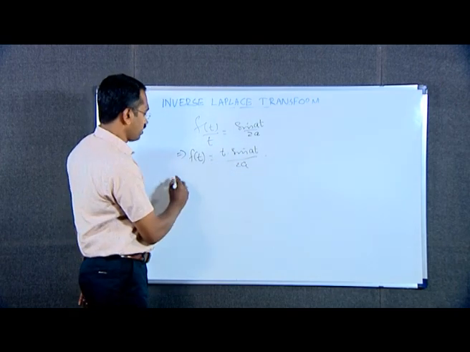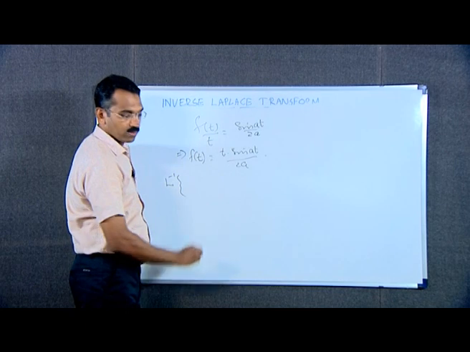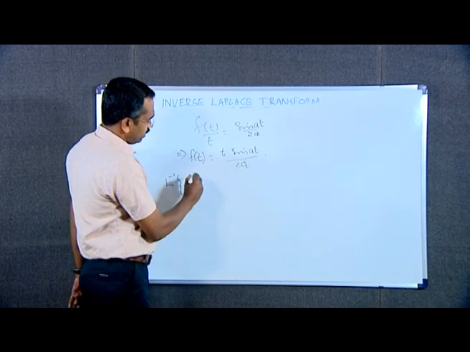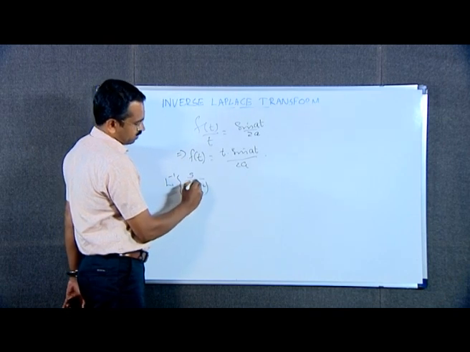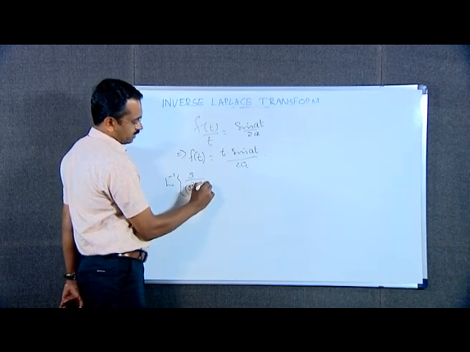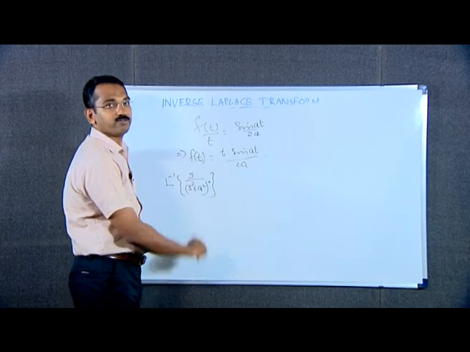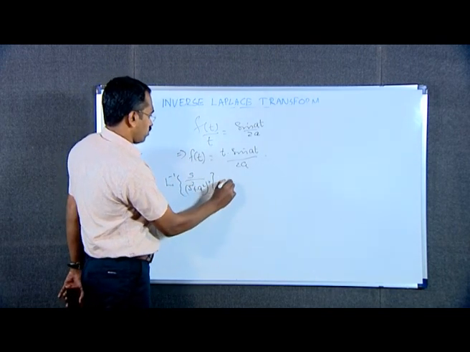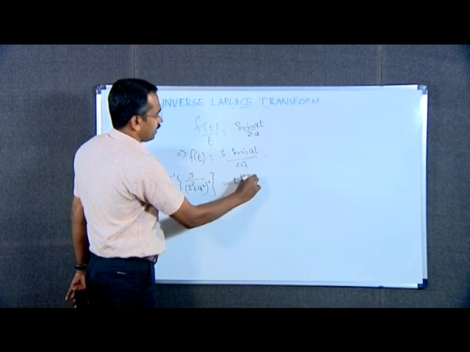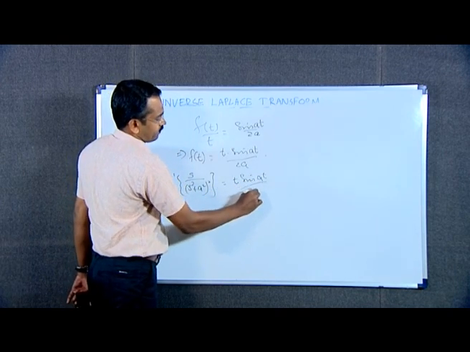That is f of t means L inverse of s by s square plus a square. We denoted L inverse of s by s square plus a square by f of t, which is equal to t sin at divided by 2a.